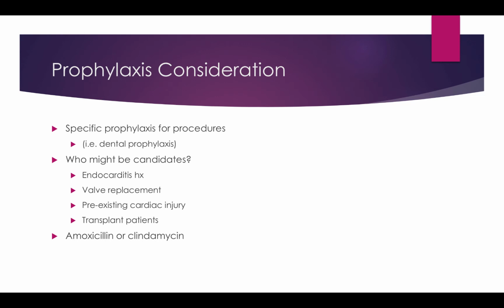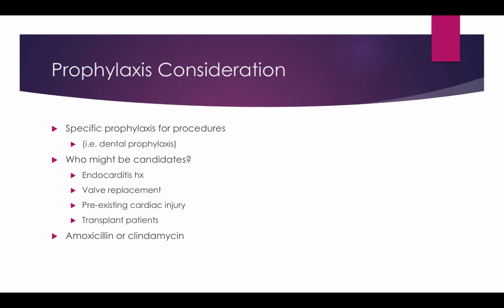Now, prophylaxis considerations. So, dental prophylaxis, dental surgery maneuvers, it can lead to seeding of bacteria into the bloodstream. So, what patients might be at a little bit higher risk, and should we do prophylaxis for? These are basically patients where that sticking of bacteria, that seeding of bacteria is a little bit more likely.